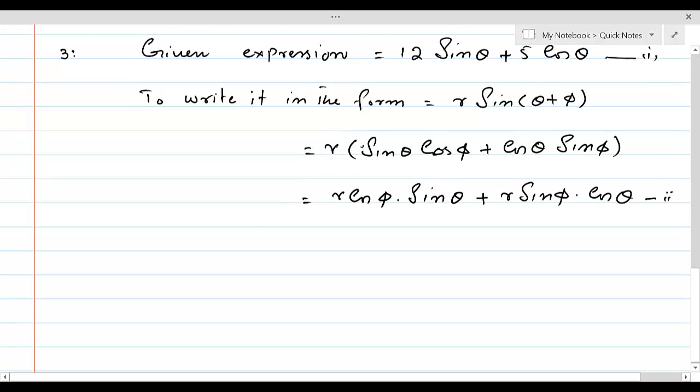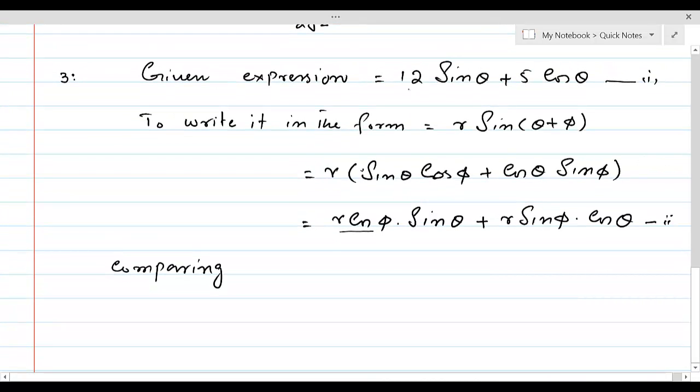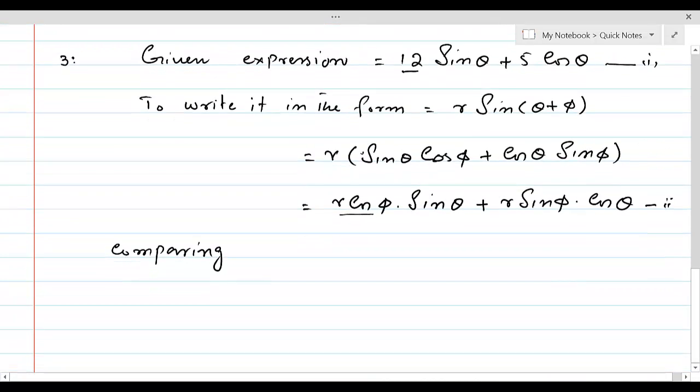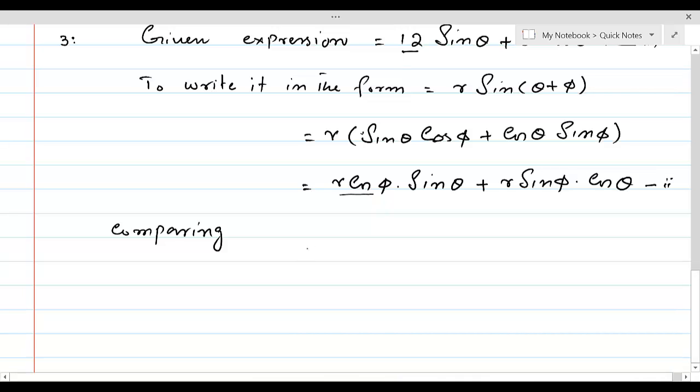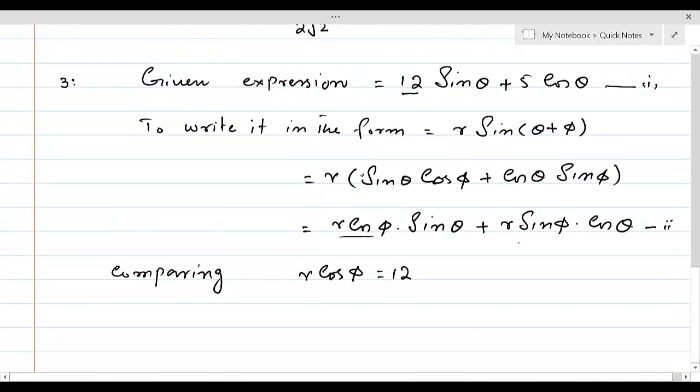comparison gives us: here we have r cos phi and there we have 12. This means r cos phi is equal to 12 and r sine phi is equal to 5.